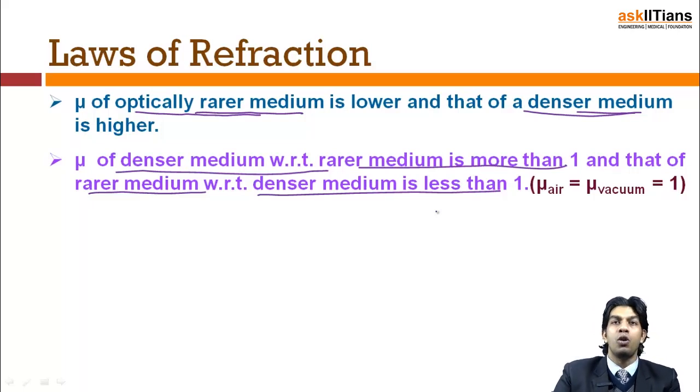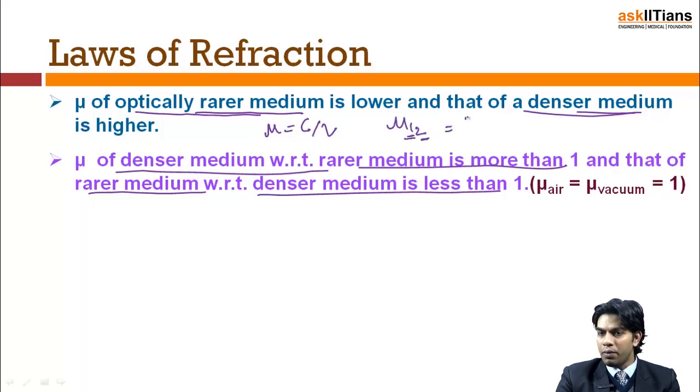It depends upon which two media you are comparing. So I can write it out, that is mu is equal to c by v, or mu 1 2. If I am comparing 1 with respect to 2, then it will be v2 by v1: the speed of light in the second medium divided by the speed of light in the first medium. So it all depends upon the comparison you are trying to do.